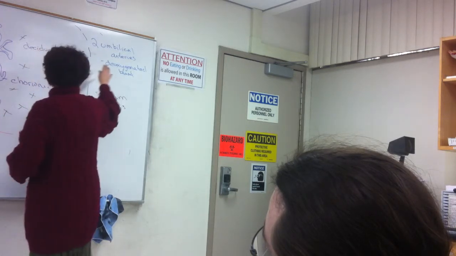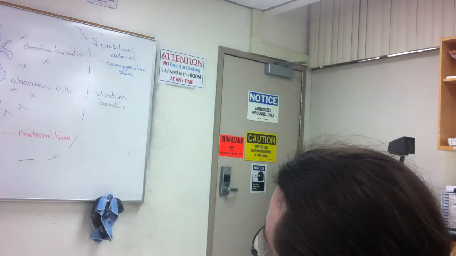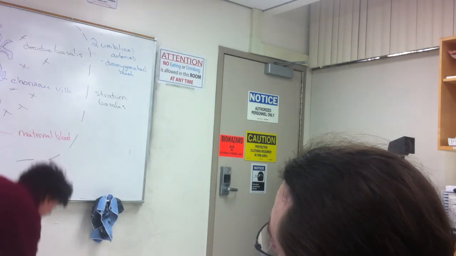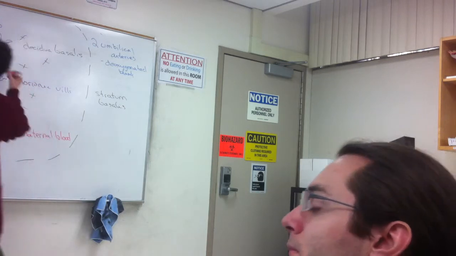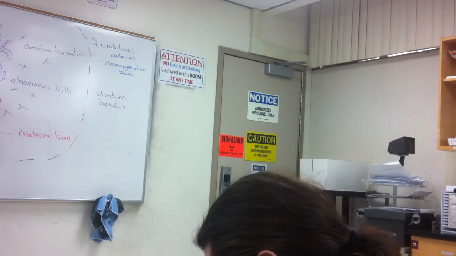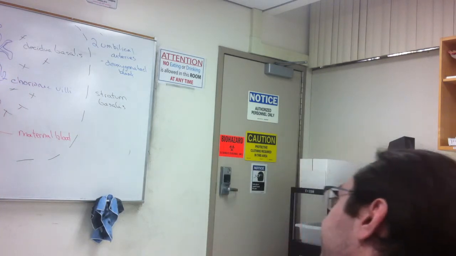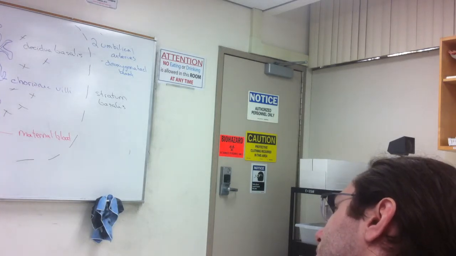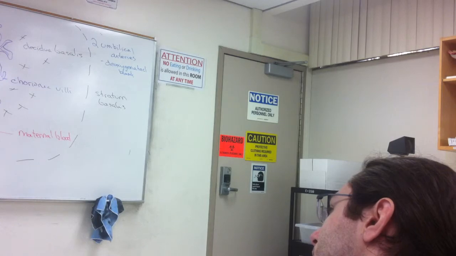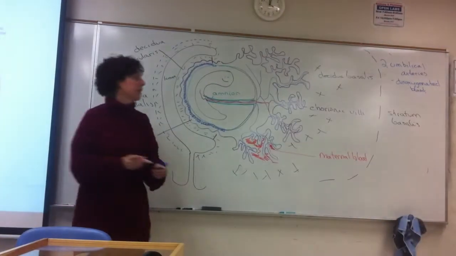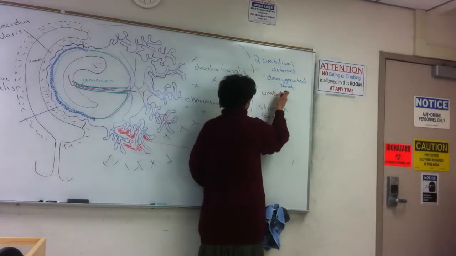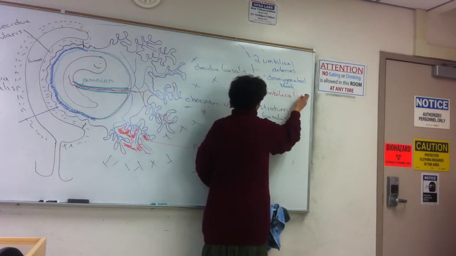All right, so we're going to have 2 umbilical arteries and a single umbilical vein. And this is going to carry oxygenated blood. We'll see this when we do fetal circulation in the cardiovascular system. It's going to return oxygenated blood back to the baby's heart, which will then pump it to the rest of the body. So we have 1 umbilical vein.